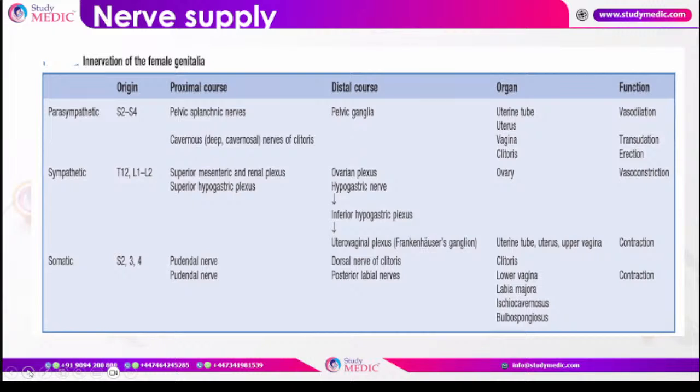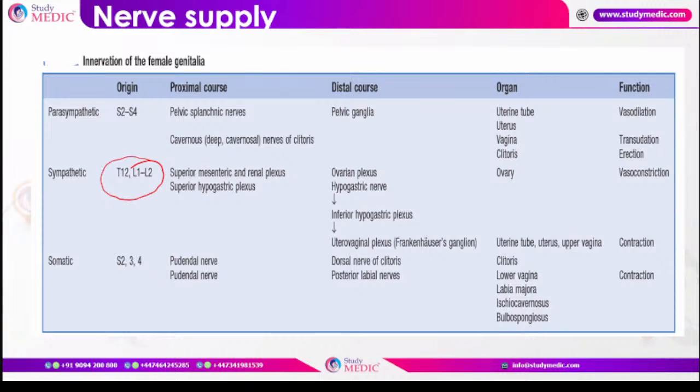Okay. You can pause the video here and you can have a look at the nerve supply of the uterus, the cervix, vagina, and the tubes. The thing that I want to highlight here is remember for the ovary, the sympathetic supply comes from T12, L1, and L2. There is no supply from T10. So for the ovary, there is no option like T10.